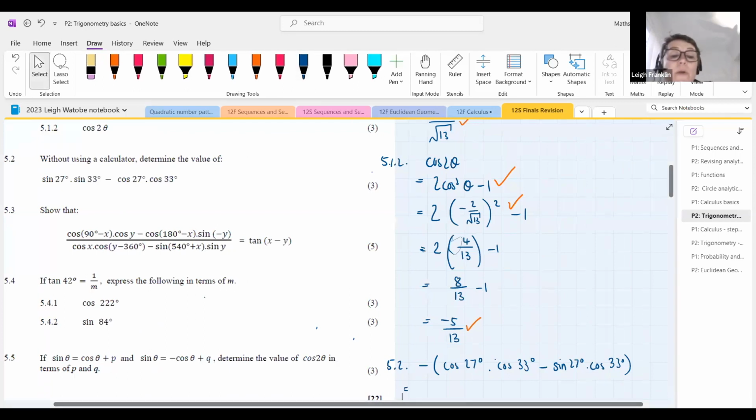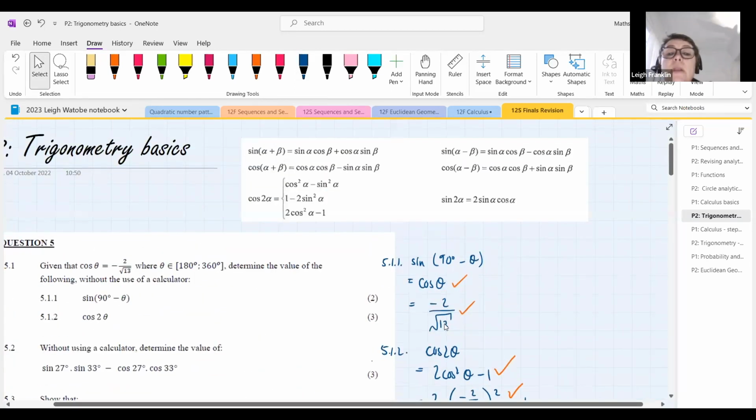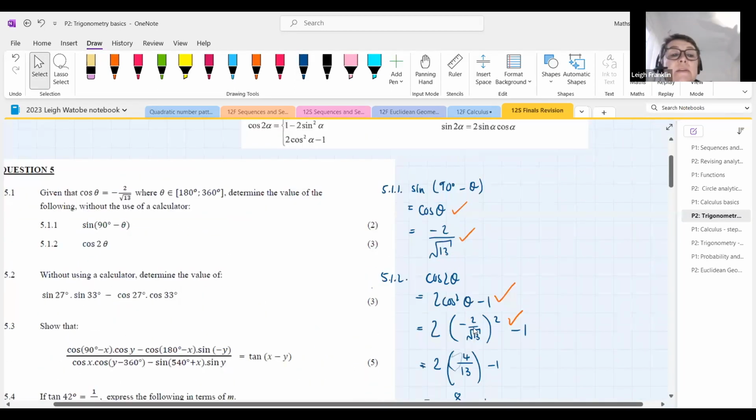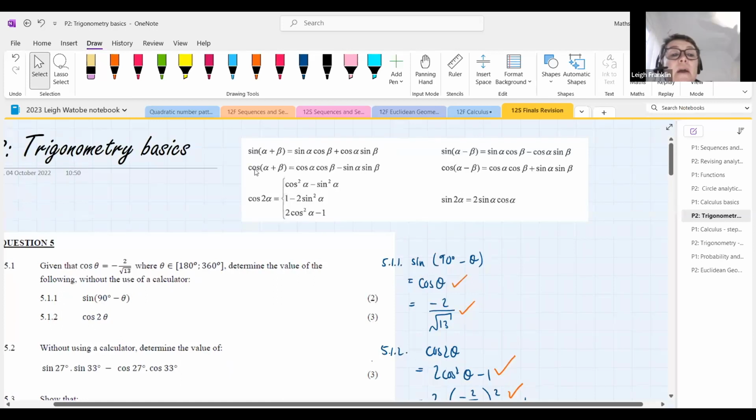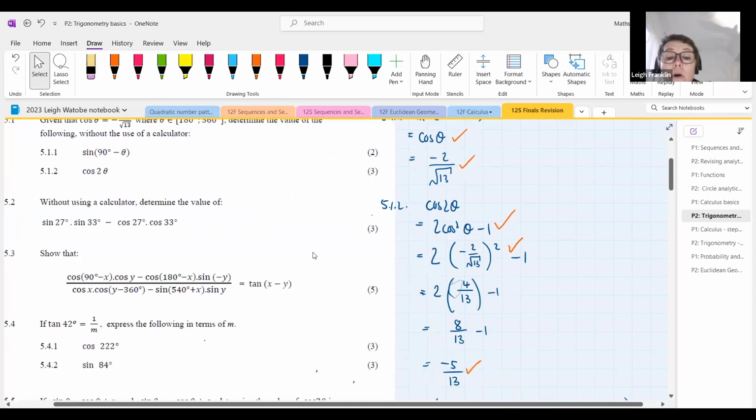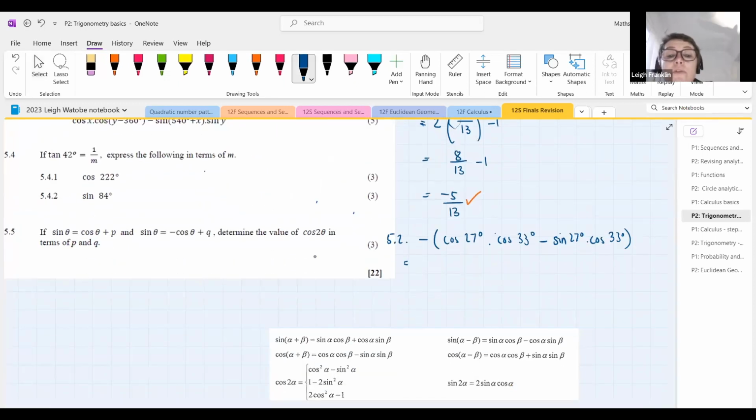Now if we have a look at our compound angle formulae, where we've got the minus in the middle, that would be where we've got to plus the angles together. So this is going to be equal to negative, and here we're going to say cos 27 plus 33. And if we add 27 and 33 together, we're going to end up with 60.